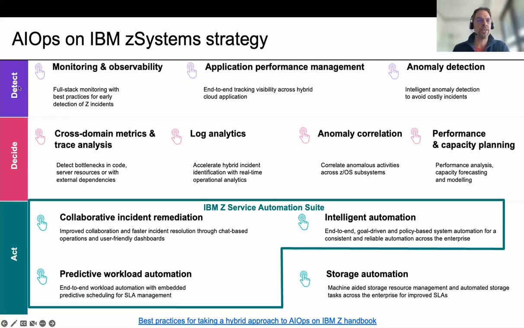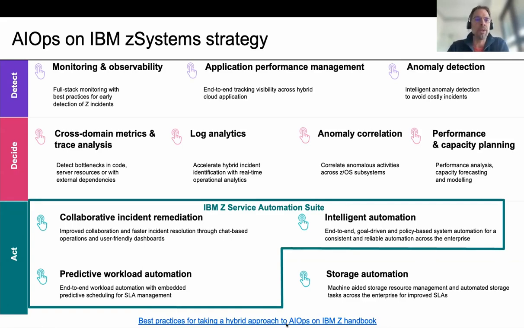For each of these three areas, we have defined different capabilities and best practices that play a key role in our clients' journey to AIOps. We have also delivered a best practices handbook, and you will find a link on that slide that you can look at when this presentation is distributed after the session.